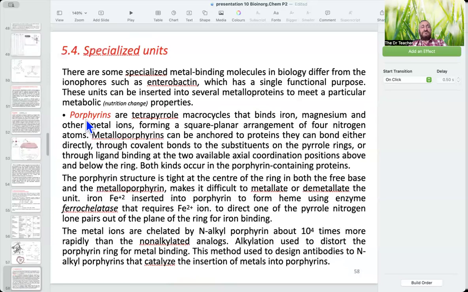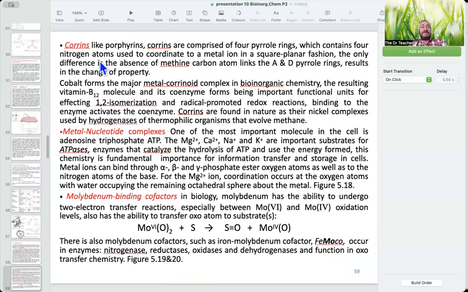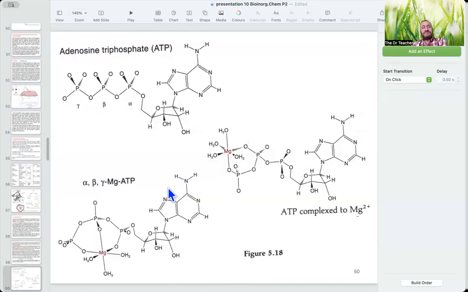Specialized units, you have porphyrins. They are very special units. And what we have, corrins, they are as well comprised of pyrrole rings. We have metal nucleotide complexes, very important. ATPase enzymes, which catalyze the hydrolysis of ATP. Molybdenum binding cofactors as well, important as molybdenum species. Adenosine triphosphate ATP.